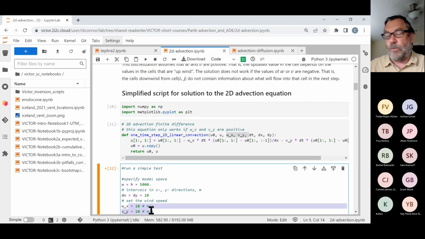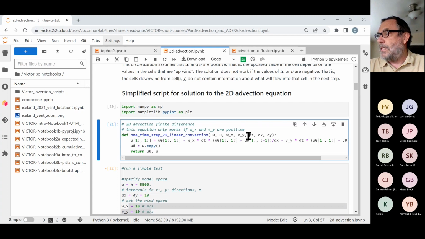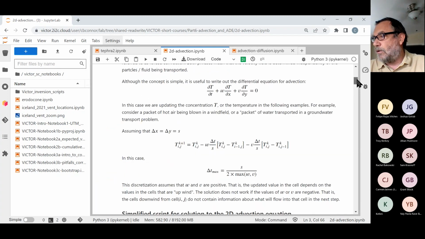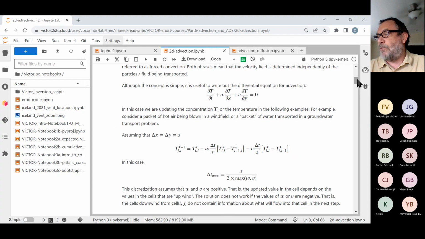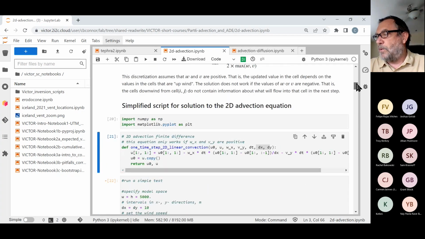So I'm saying the wind velocity, or the velocity of groundwater transport or whatever it is, is constant throughout the model domain, and it has those values. And then I've calculated the time step, and I've calculated dx dy, and that's all I need to solve this expression for t at time k plus 1. So that's pretty cool in concept.